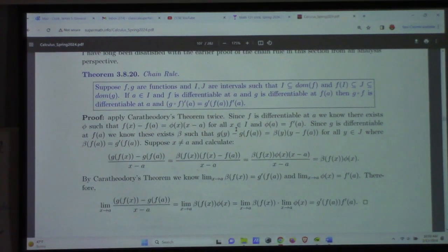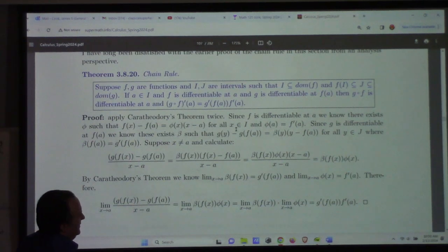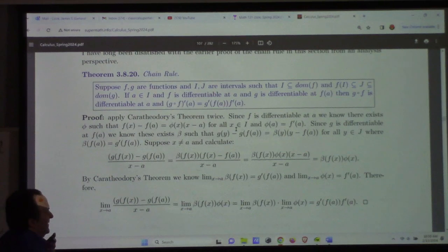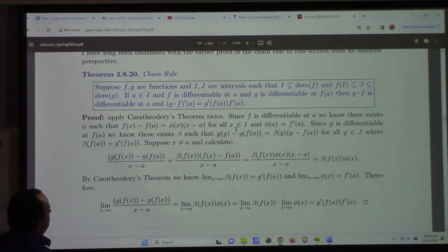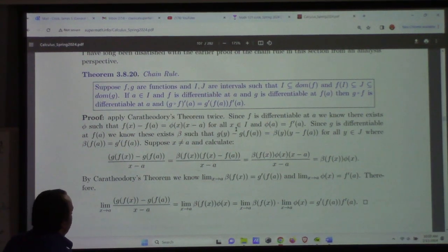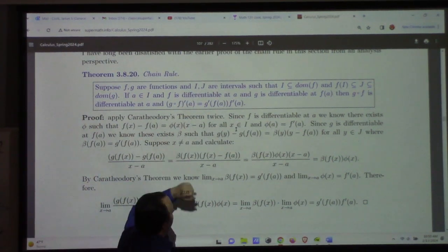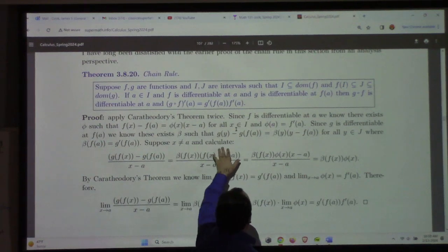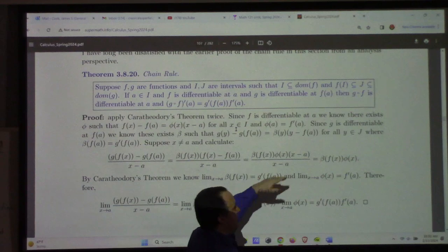So here, I've got two functions which are composable, and the I and the J are just intervals which make sure that the image of the function f sits inside the set where the outside function is differentiable. And then what I do is I apply Carathéodory's theorem twice. Once for the inside function f of x, and for the outside function g, I also apply Carathéodory's theorem.